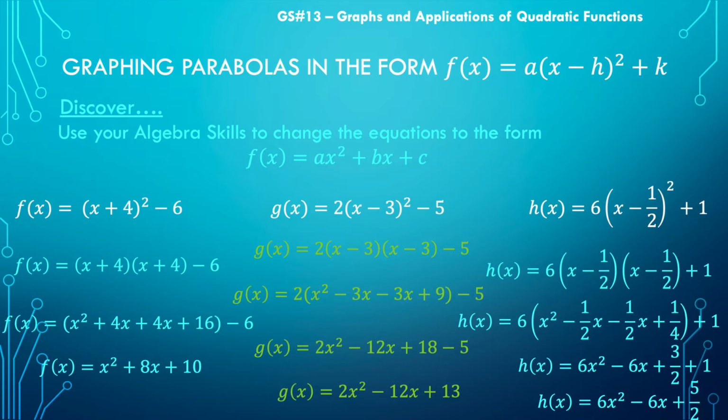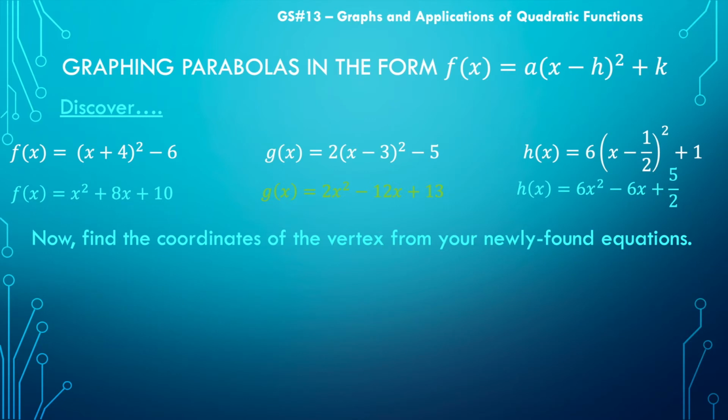All right, so now I'm going to take those three equations that we got, and notice I just put them up close to the ones that we started with. Now what I would like you to do is what we did in the first video, where we found the vertex from the equation in standard form. Again, I'm going to walk you through the first one. If I find the x of the vertex by saying negative b over 2a, we'll have negative 8 over 2 times 1, or negative 4.